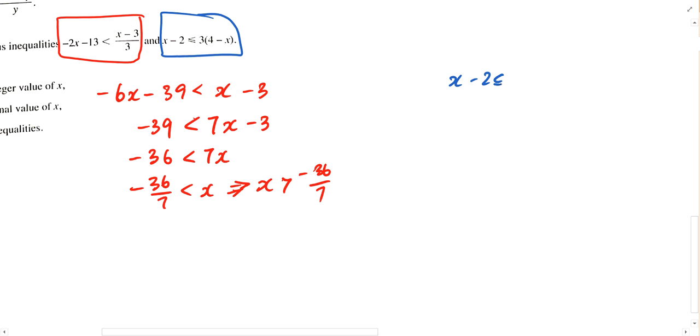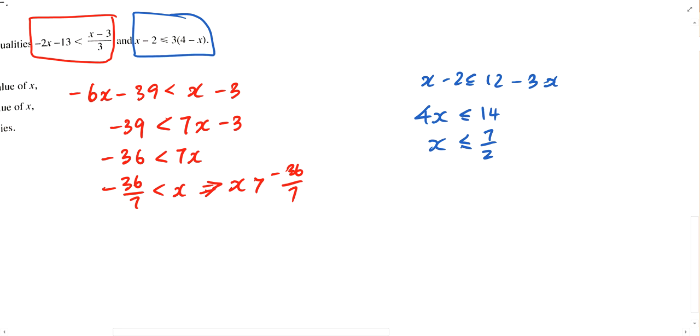X minus 2 less than or equal to 12 minus 3x. Okay, so let us add 3x to both sides. So we get 4x less than, and at the same time we add 2 to both sides, 14. X less than or equal to 7 over 2.